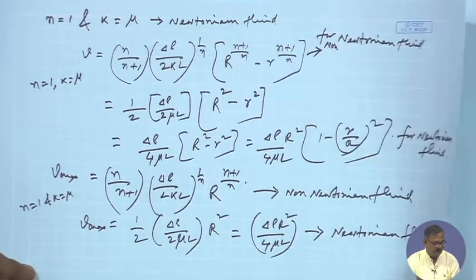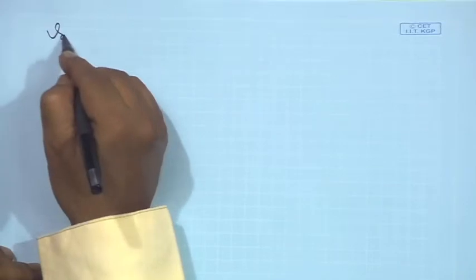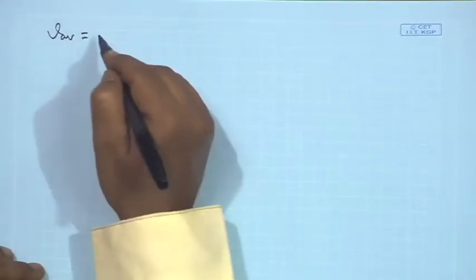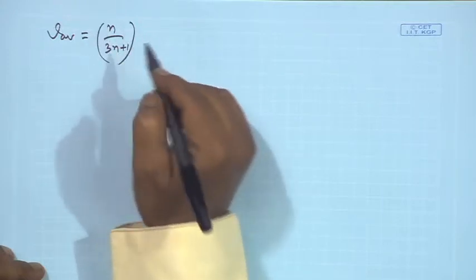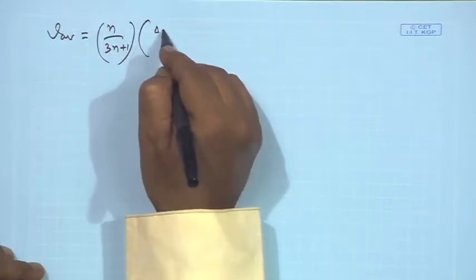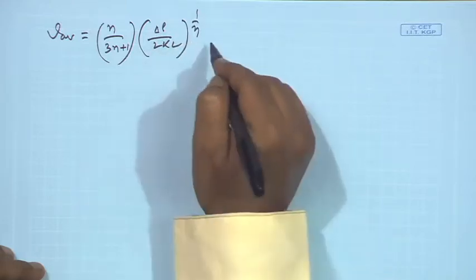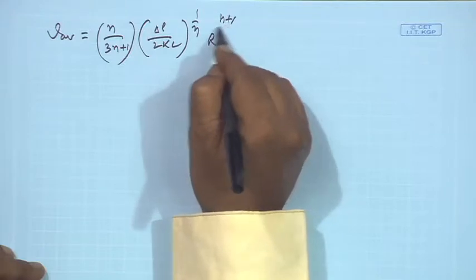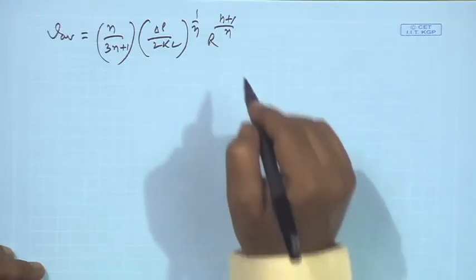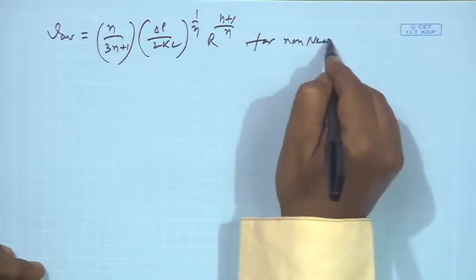Under limiting condition, and the average velocity V average, we have seen it is n by 3n plus 1 into delta P by 2 K L whole to the power 1 by n, R to the power n plus 1 by n, right. This is for non-Newtonian fluid.